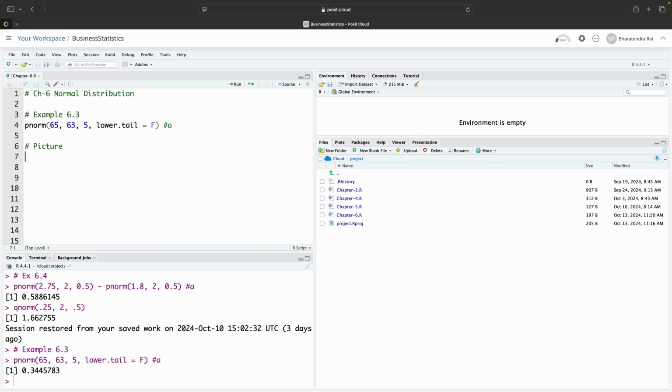To create a picture, let's start by saving the information. Mean is 63. Standard deviation given is 5. The point of interest on the x-axis is 65.